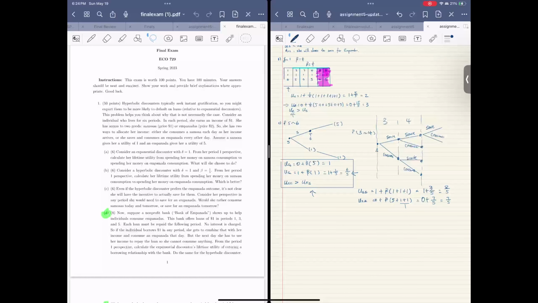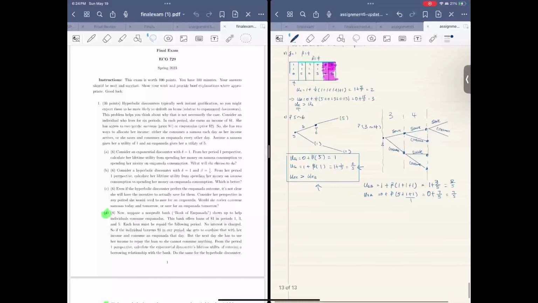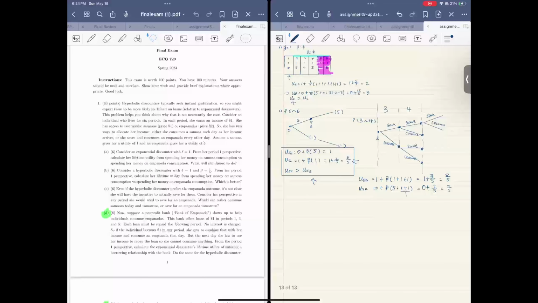Because of this, during periods 3 and 4, knowing that this person is not going to save in the future, she would likely consume samosa again. So in reality, this person will always consume samosa.